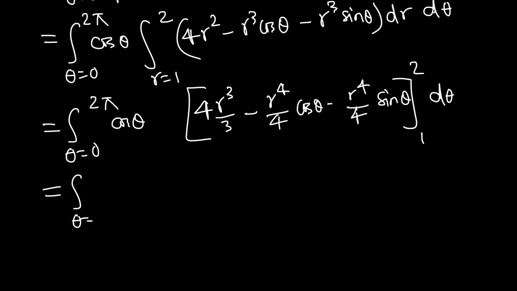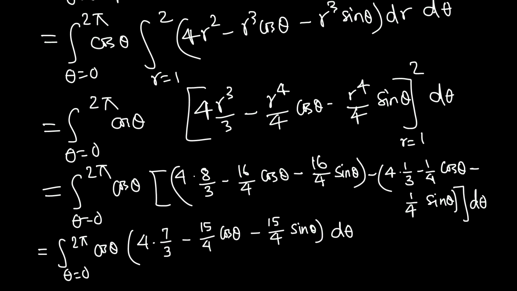Now theta from 0 to 2 pi, we have cosine theta. Let's evaluate this upper limit. So this is r, so r equals 2, plug in 2 throughout, minus then plug in 1. Okay, so replace r throughout by 2, so we get this, and replace r throughout by 1, so we get this.